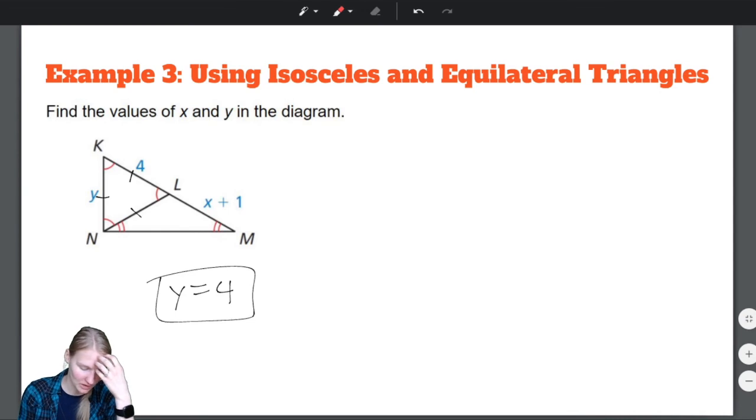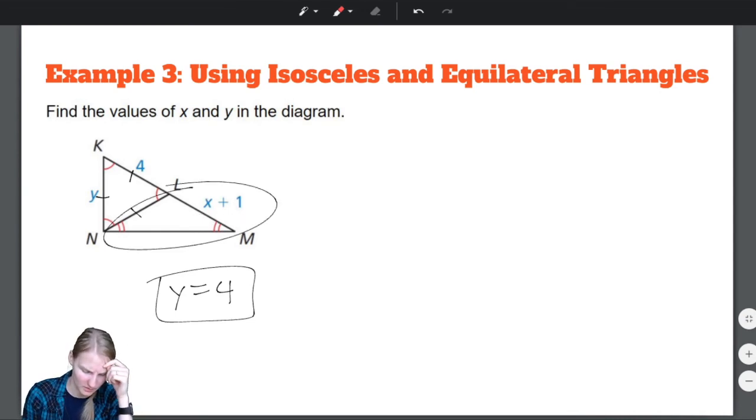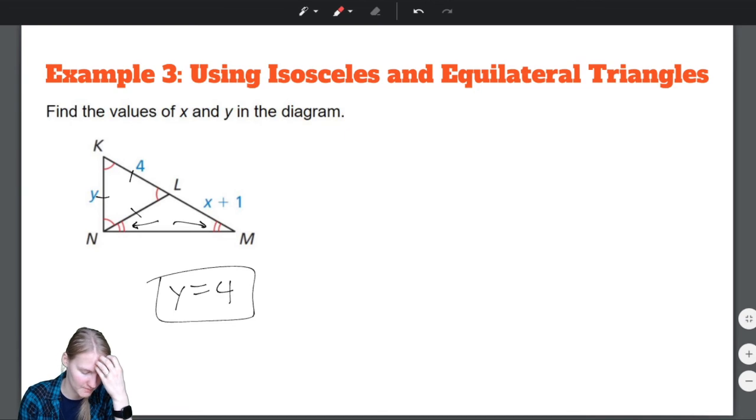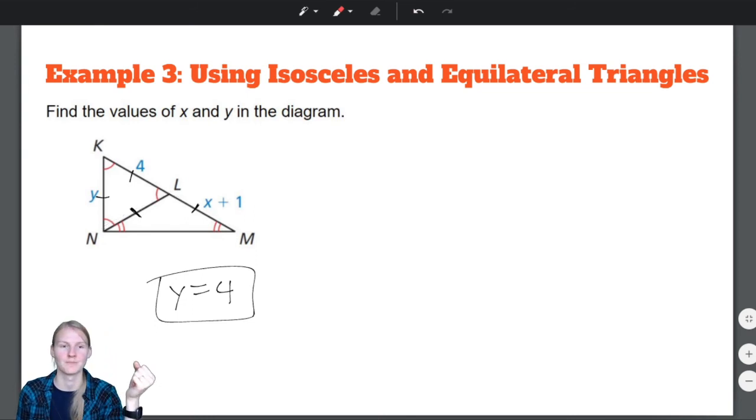Okay, so now let's look at the triangle on the right, because now I want to know x. So I need to look at this triangle. Now I notice that these 2 angles are congruent, which means that the sides opposite them need to be congruent. So, LN needs to be congruent to LM.